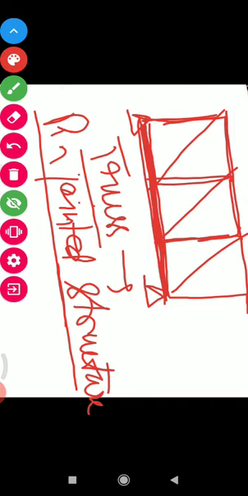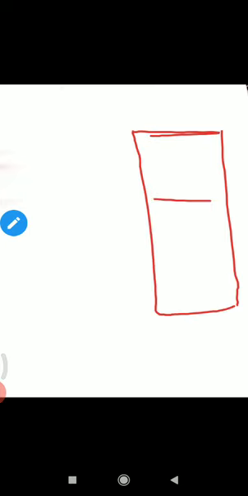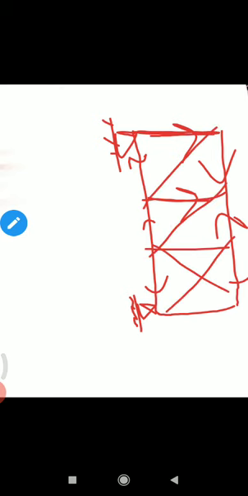So what we need to analyze in truss is we are interested to find forces in the members of this truss. Throughout the chapter we will be dealing with finding forces in members of this truss.